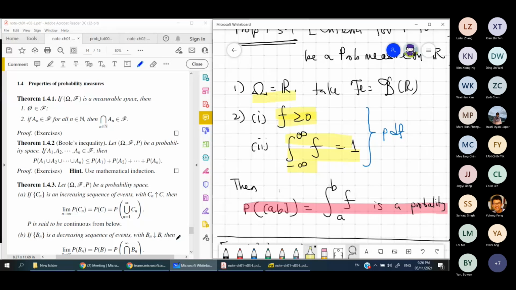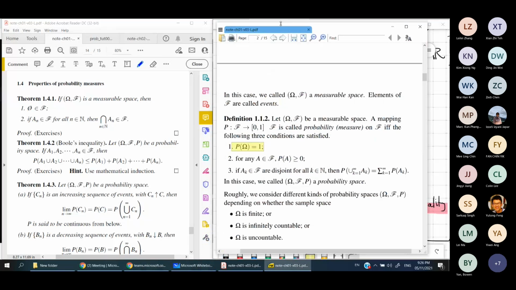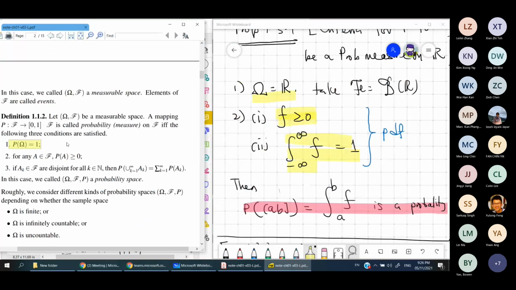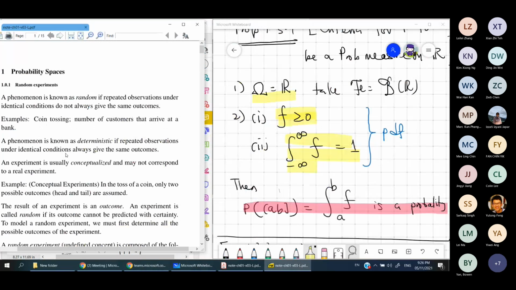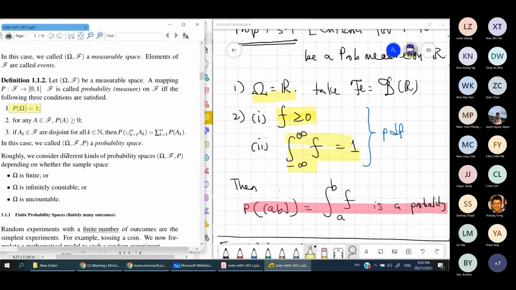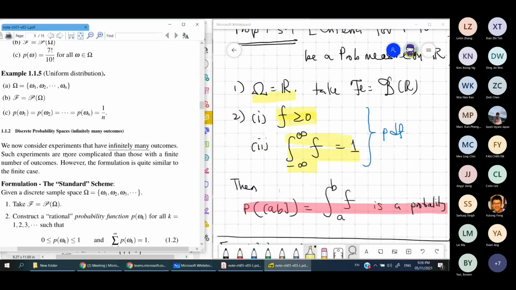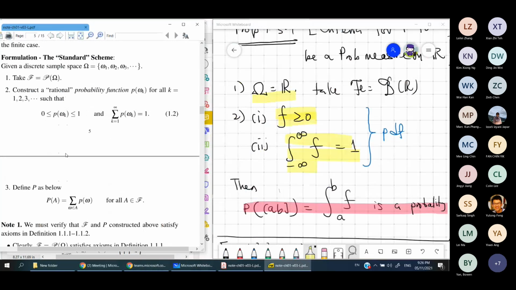The first 2 cases are just again a standard scheme. Now the discrete case. When we have a discrete case, we always take F to be the power set.